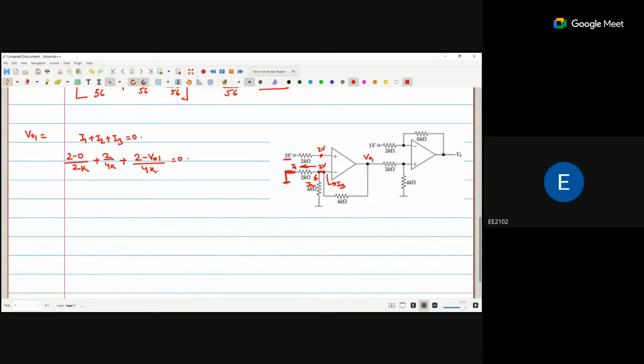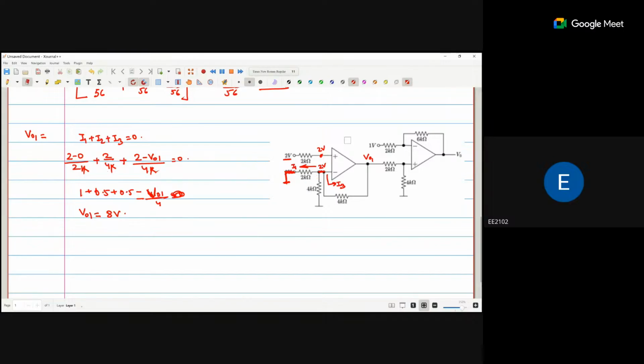So k you can take common and cancel out. 2 divided by 2 is 1, plus 2 divided by 4 is 0.5, plus 2 divided by 4 is 0.5, minus V01 by 4 is equal to 0. Taking it to this side, V naught 1 is 8 volts. This is because of this 2 volts.